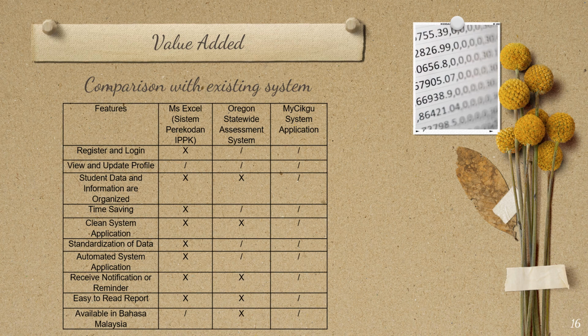You can see for the system features: register and log in, view and update profile, student data and information being organized, time saving, clean system application, standardization of the data, automated system application, receive notification or reminder, easy to read report, and also the availability in Bahasa Malaysia. So you can see that the MyCikgu system application is suitable for the features that have been listed in the table.